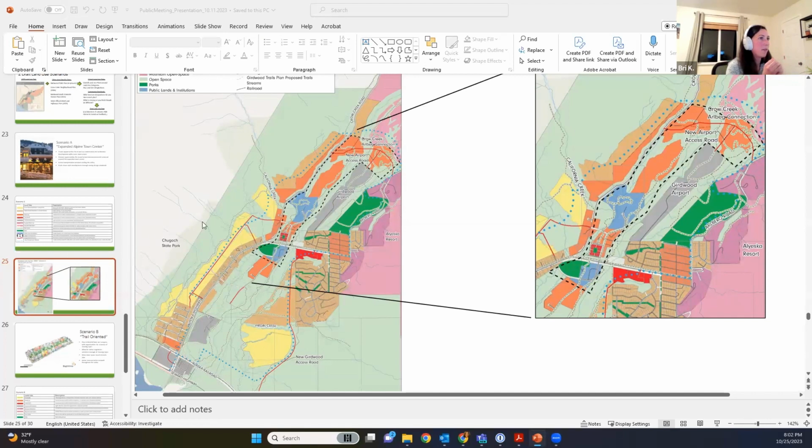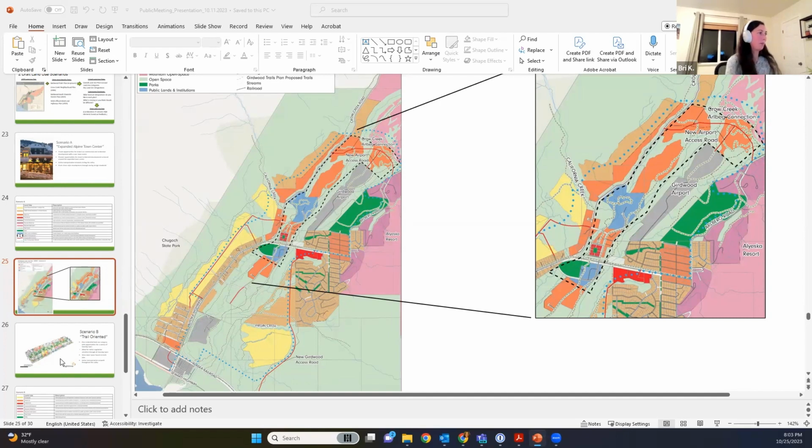The 1995 plan does have land use going further down than where we show it. We just show it in the orange there. And we decided to show that the area south of that is open space because it is part of the floodplain. So there's less potential development there just because of the environmental factor.